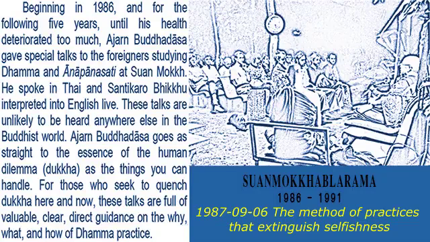Reasoning is used in order to develop an understanding of the three characteristics, so thought, theories, ideas, and logic are used. But this understanding is always dependent on reasoning, and so it is not really free. We could even say this is to be a slave to logic and reasoning. This is the first group of objects.